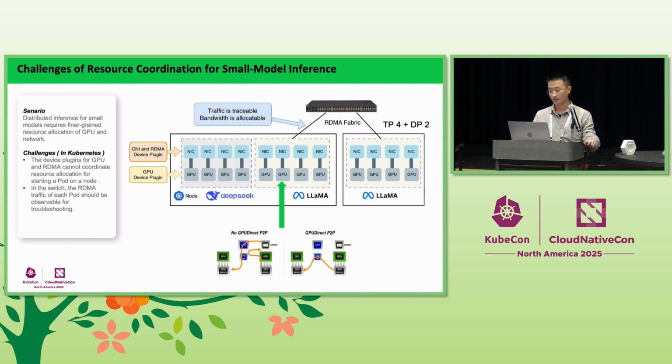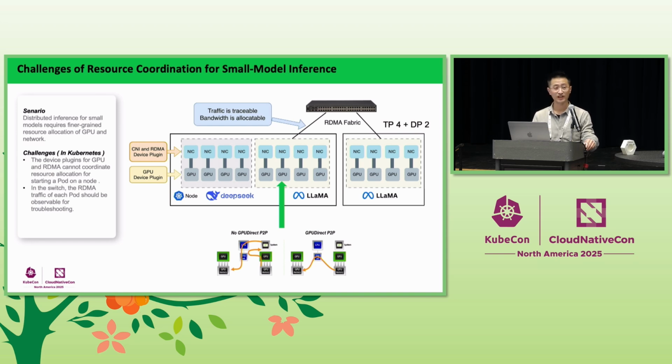Suppose there are multiple distributed inference tasks that use tensor parallelism with 4 GPUs per node and data parallelism across 2 pods on 2 nodes. In that case, GPU and RDMA device allocation on each node must be very fine-grained.